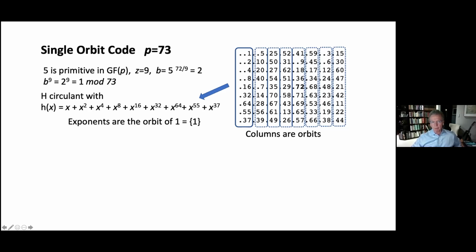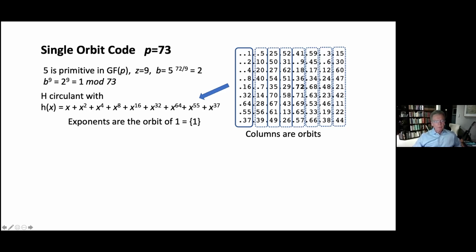Just multiply by 5, multiply by 5, multiply by 5. I'm going to take a subgroup, which is only taking the 8th power of 5, which is actually the number 2. So if I take the number 2, multiply by 2, I'm leaping through this group in big hops, and then I come back to 1. That forms an orbit of size 9. You can see it here.